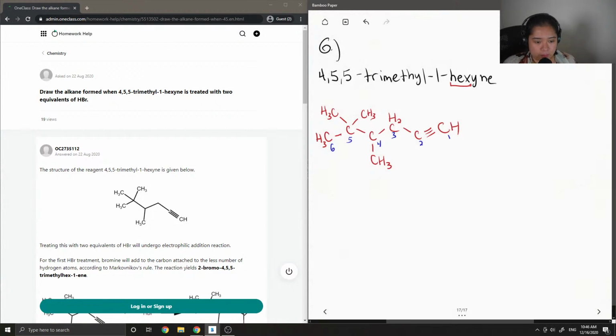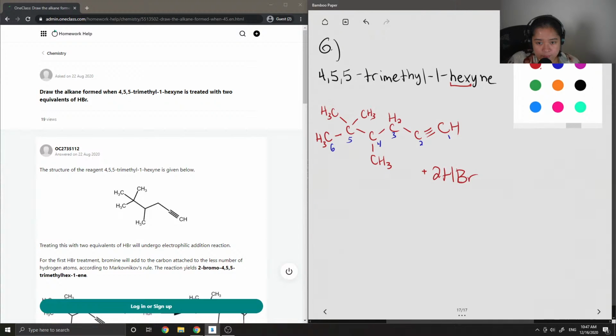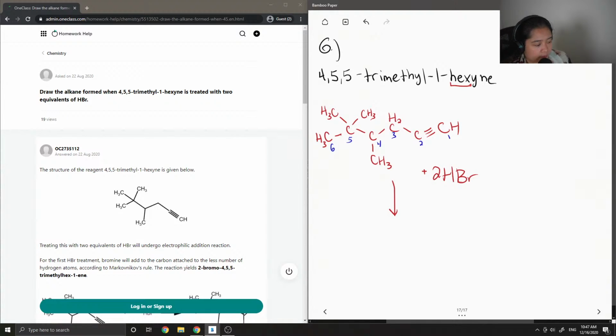Okay, so in this question, 4,5,5-trimethyl-1-hexyne is treated with 2 equivalents of HBr. What happens is an electrophilic addition reaction.